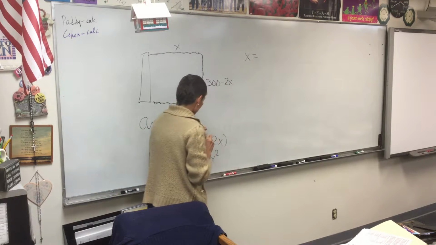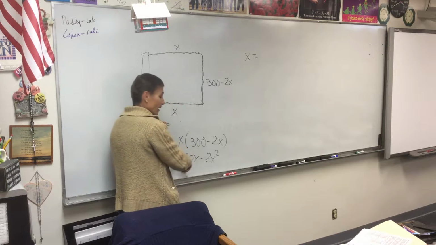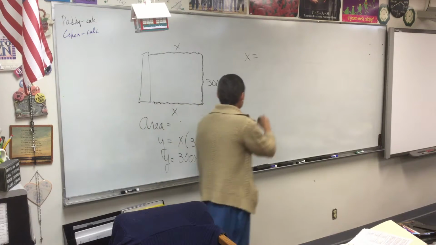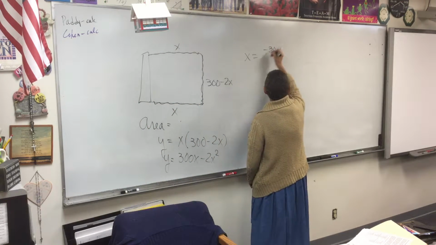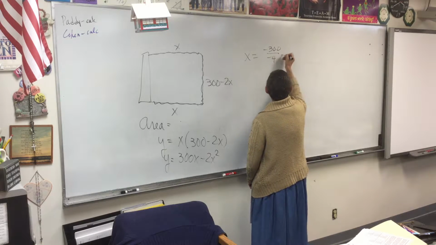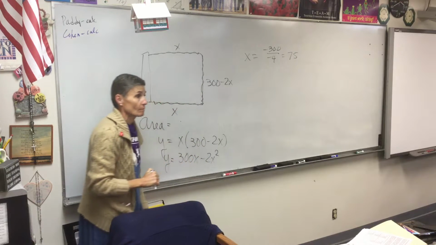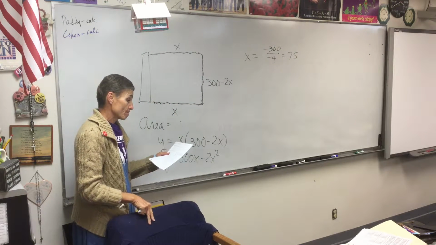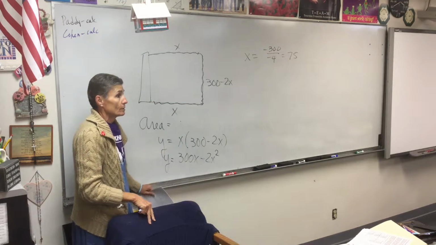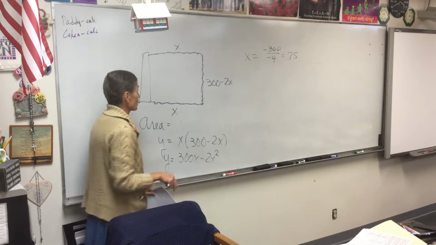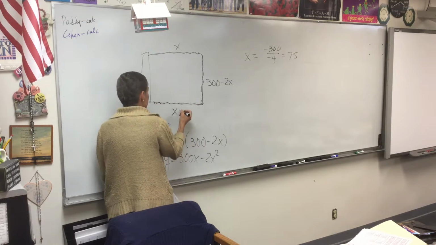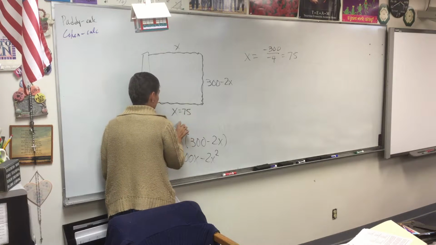Find the equation. Negative b, watch it, it's backwards. So negative b over 2a would be 75. So according to our work, this is 75.